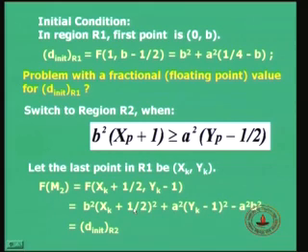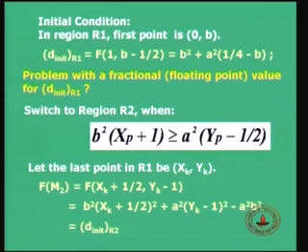Earlier it was the other way around: we had xk plus 1, yk minus half for region R1. In region R2 it will be yk minus 1, as you will always be decrementing by 1, and xk plus half. The choice is, I repeat again, between south and southeast pixels.